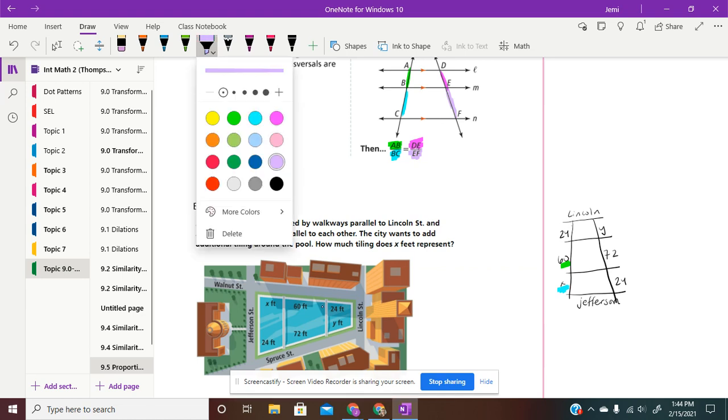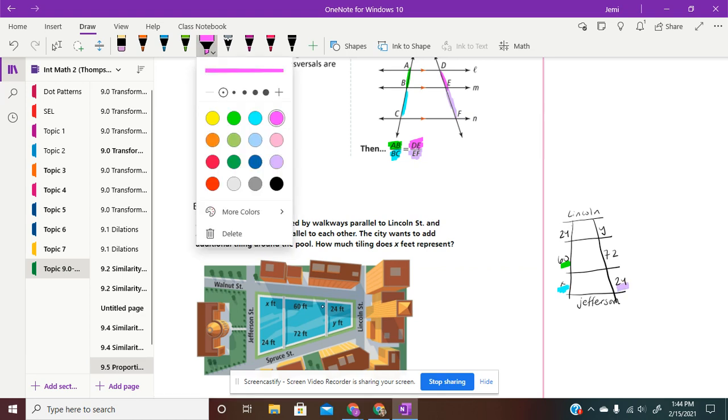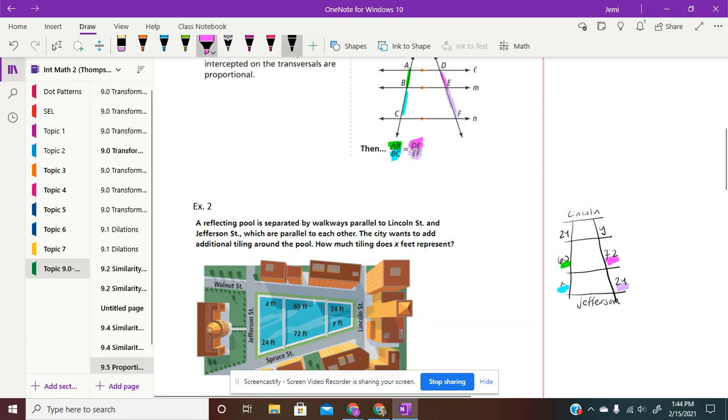It's going to be this 24 right here. So I'm going to set up my first proportion like this. 60 over x is equal to 72 over 24.